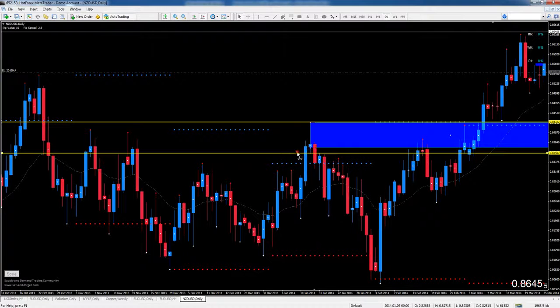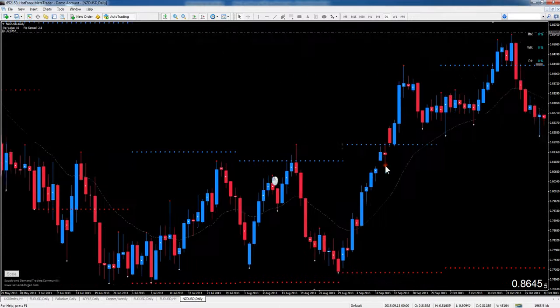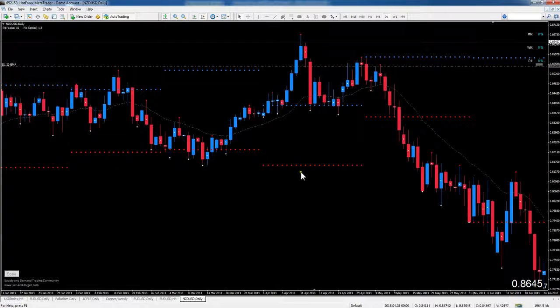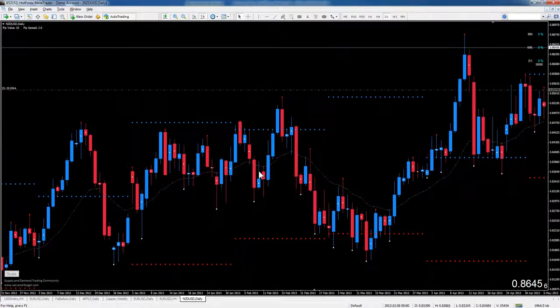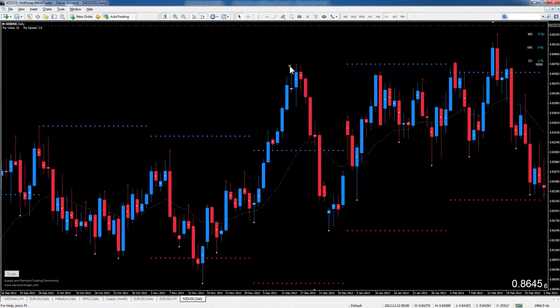Okay, so let me locate a few more. Yeah, this one over there as well, or even this one. So this one, rally, base, drop. Okay, it rallies, bases and drops.